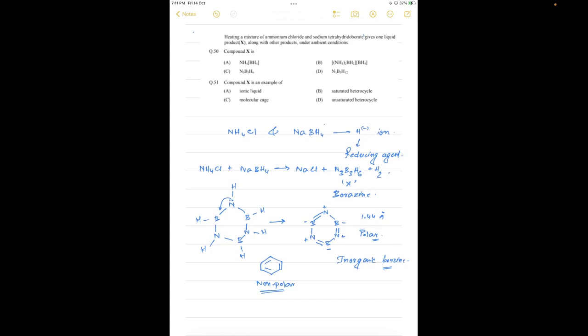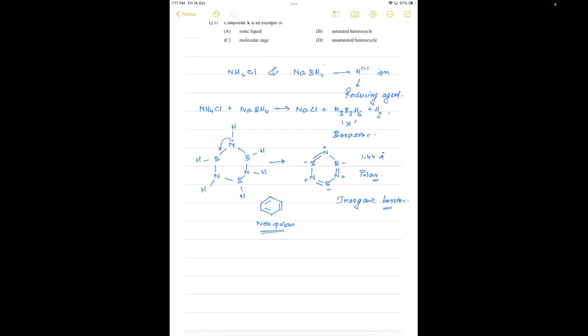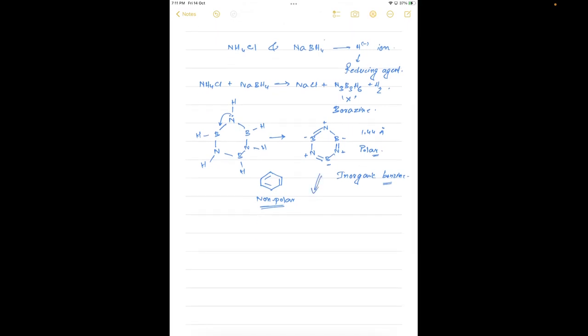Now let's move forward to question number 51. The compound X is an example of A, ionic liquid, B, saturated heterocycle, C, molecular cage, and D, unsaturated heterocycle. Now clearly it is a heterocycle compound, and if you form this structure, we can clearly see that the nitrogen and the boron share the double bond, so it has 6 pi electrons.